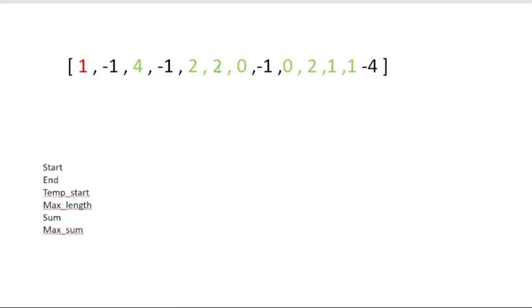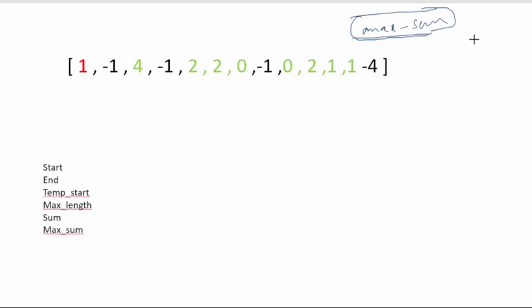So now we can at this point calculate the maximum sum. So we know how to figure out the maximum sum in the whole array, but that's not the only thing that we need to know.